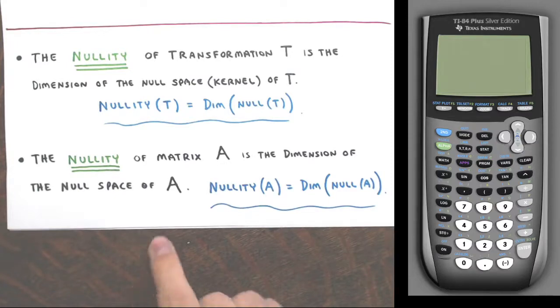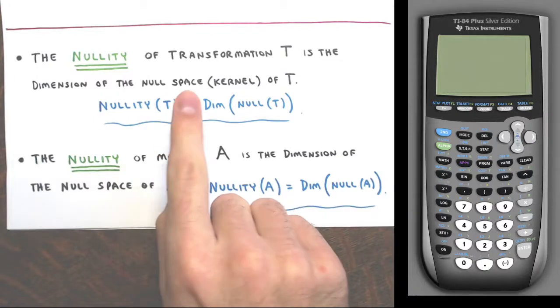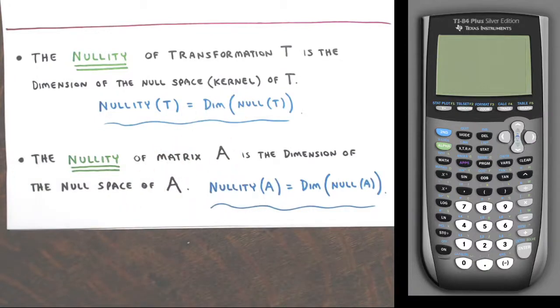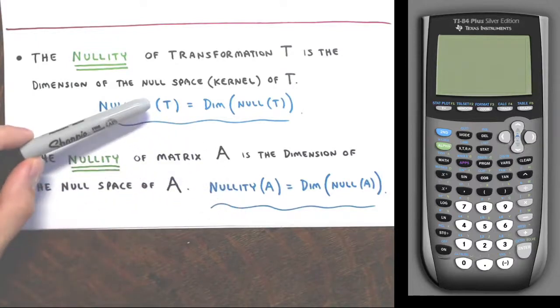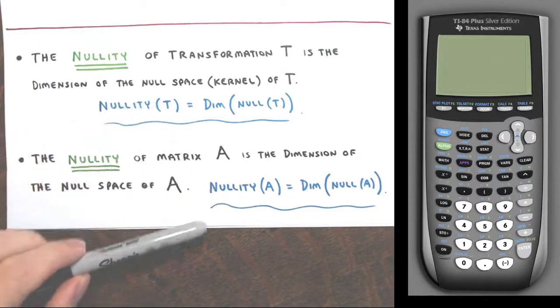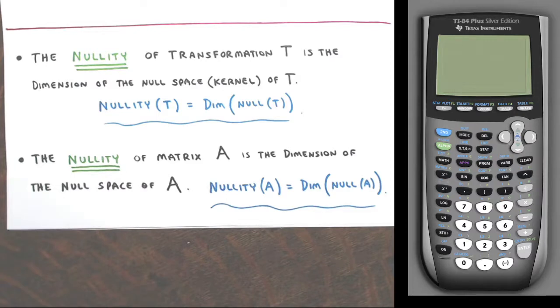So the null space of a matrix is very closely related to the null space of the transformation. It's all the vectors that, when multiplied by A on the left side, you get the zero vector back. Mathematically I write it this way: the nullity of a matrix A is equal to the dimension of the null space of that matrix. And these actually end up being the same thing for a linear transformation. Both of these nullities end up being the same number, which I've written here.